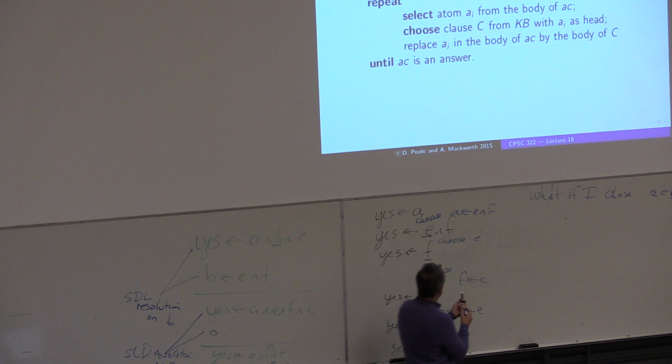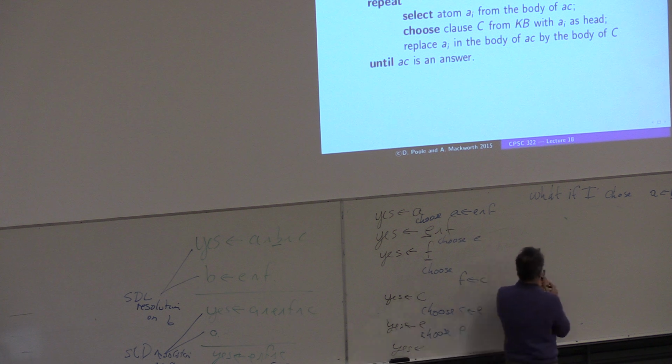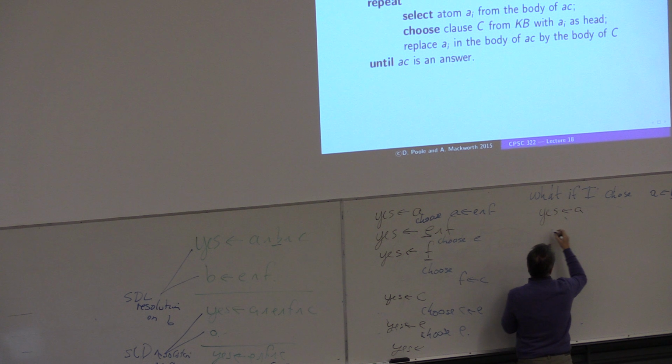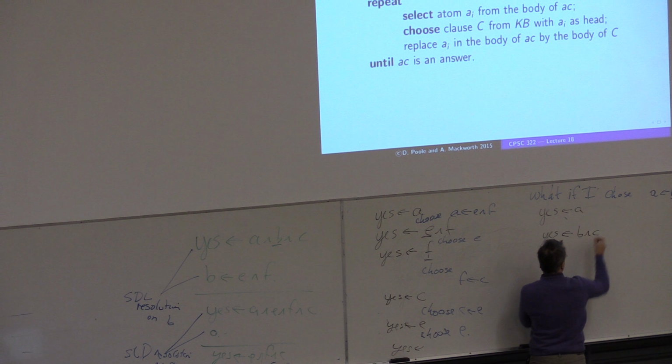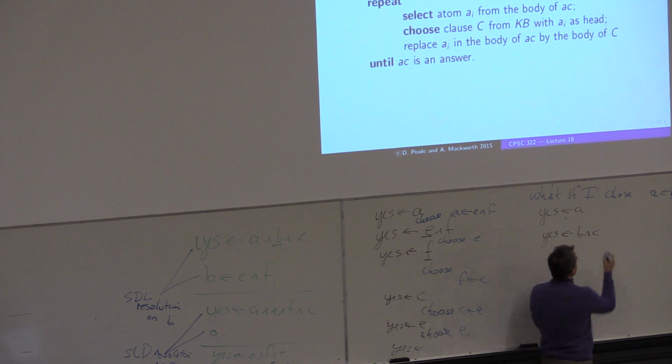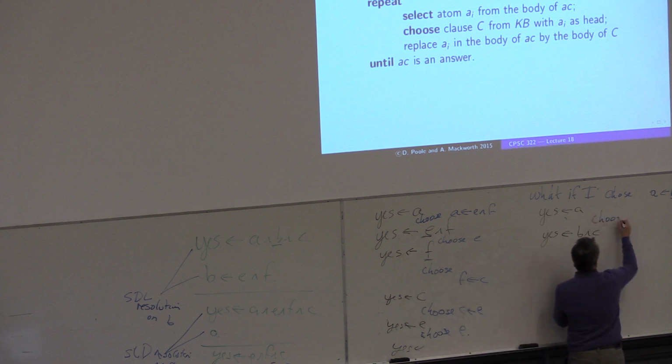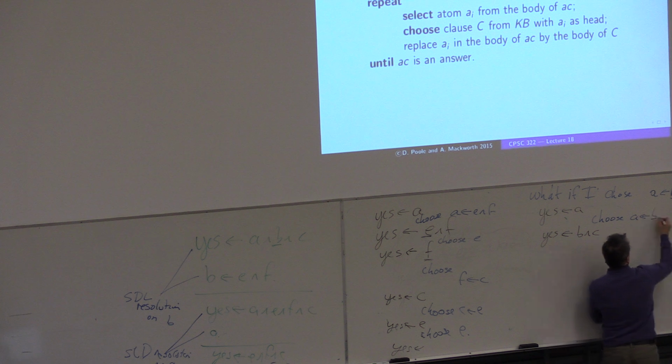Well, what would I end up with? I'd end up with yes if A. So I'm going to start off with yes if A. Then I'm going to go to yes if B and C. Okay, so I'm going to choose A if B and C.